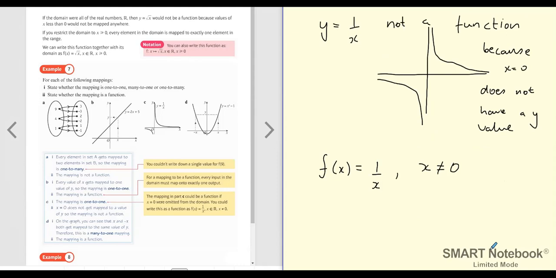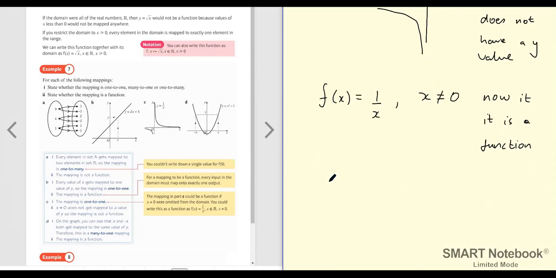That's why with most of these questions they have x does not equal 0, be some number, because then every x value has a y value. Now x can be any value and there will be a y value. Does that make sense? So now it is a function. Because every single x value has a y value.